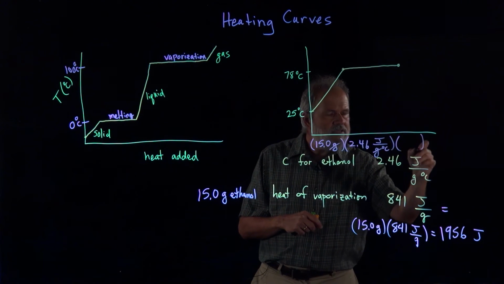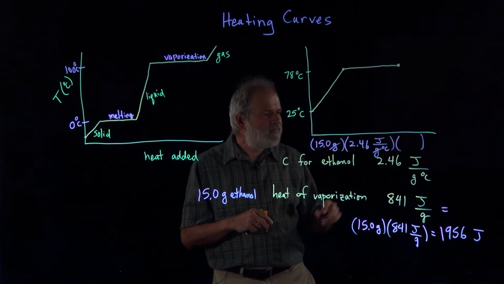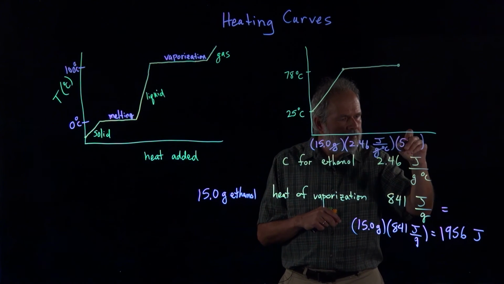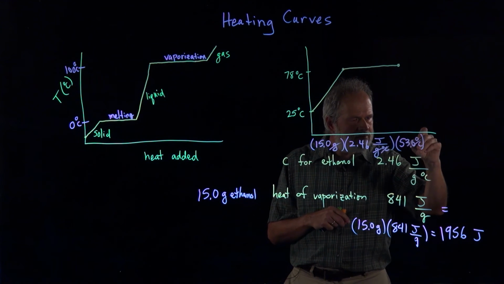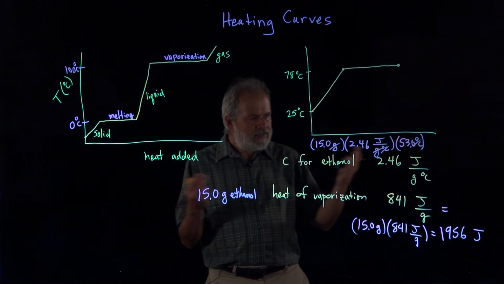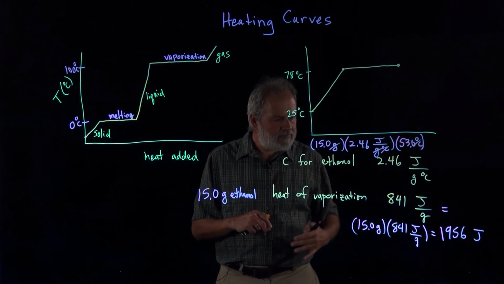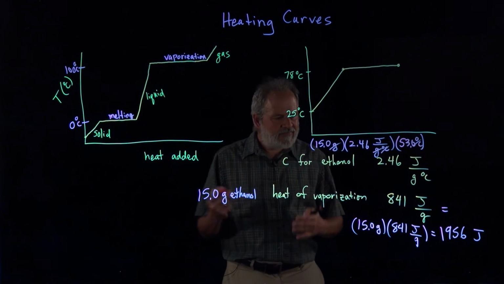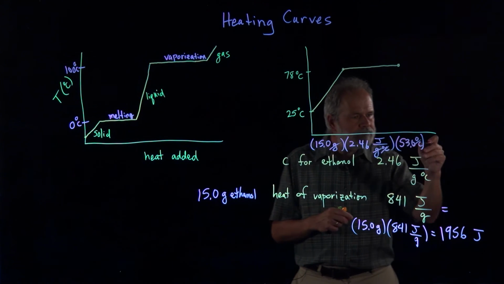And then the change in the temperature, which is 78 minus 25, and I believe that's 53 degrees C. And degree C units cancel. Okay, so that's how you know if you have a phase change or not. You're going to have degree C if you're not changing phase, but just warming it up in temperature. If you have a phase change, you won't have degree C in your constant or in your calculation anywhere.